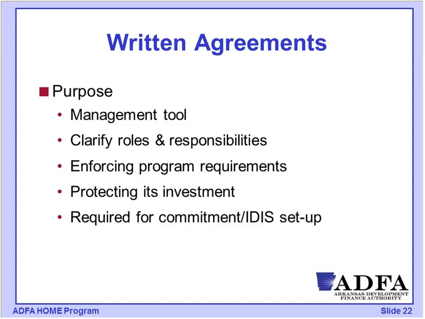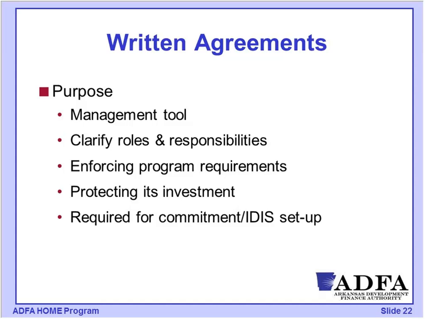You in turn would be putting written agreements in place with an assisted. So if I assist a home buyer to be able to purchase a home, you're going to be executing a written agreement with them. And as part of that agreement, you'll be spelling out what the roles and responsibilities are, the requirements that apply to that house, and the affordability period that will also be part of that.